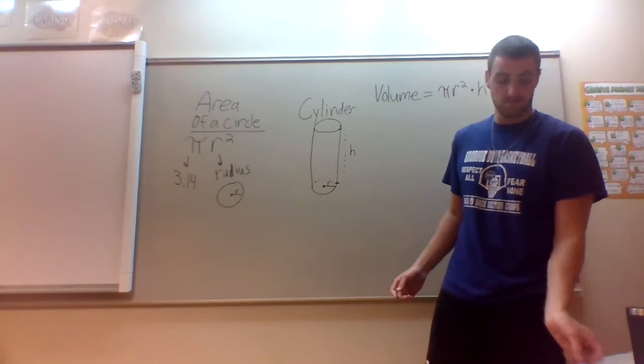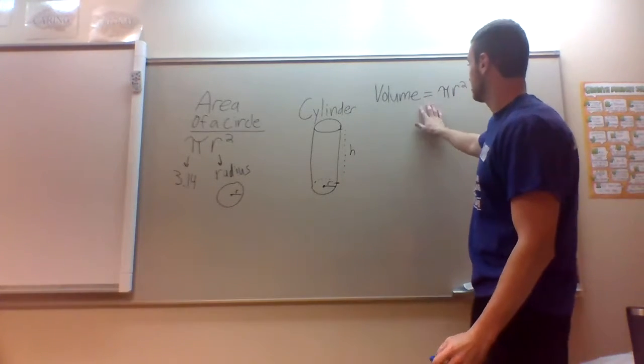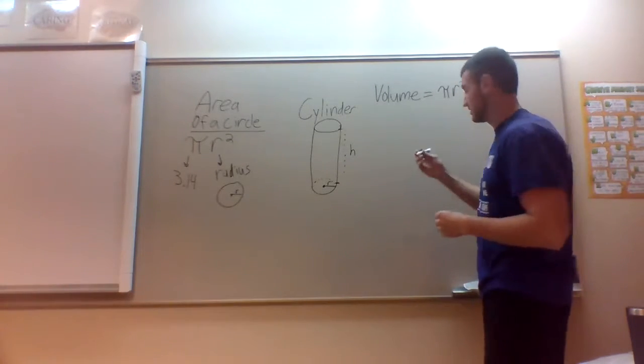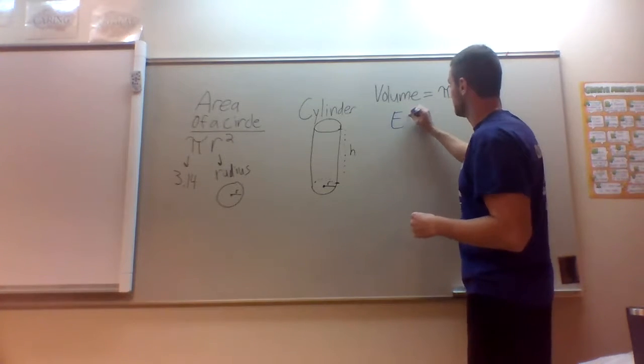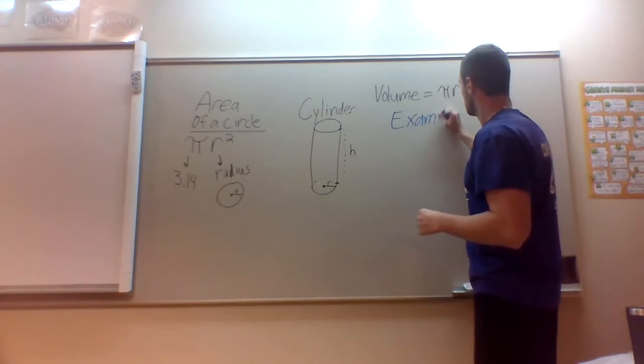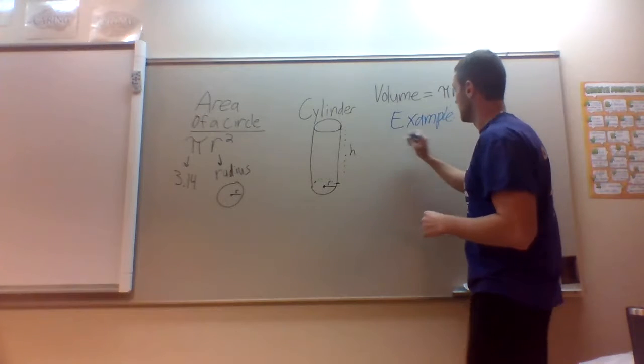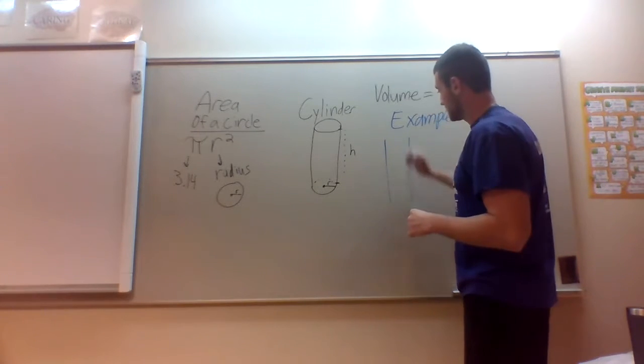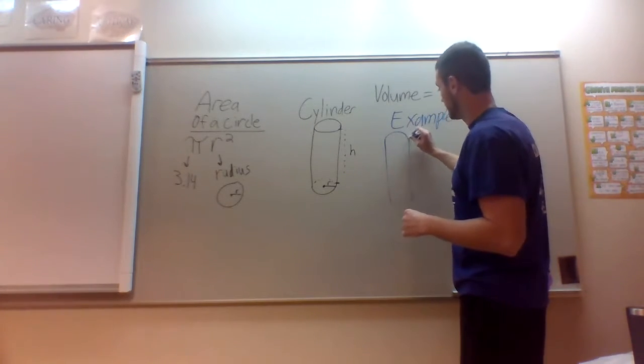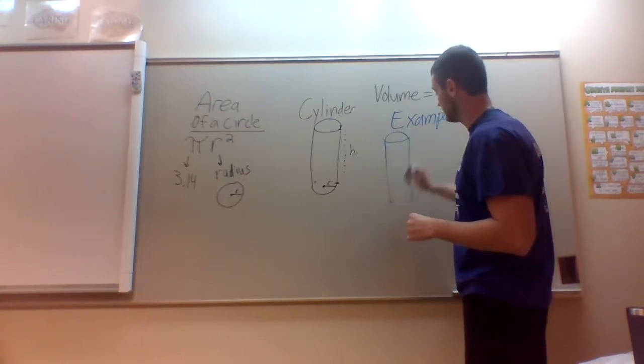Now that we've become familiar with the volume formula, I'm going to perform an example for you. As I said before, a cylinder is one rectangle and two circles.